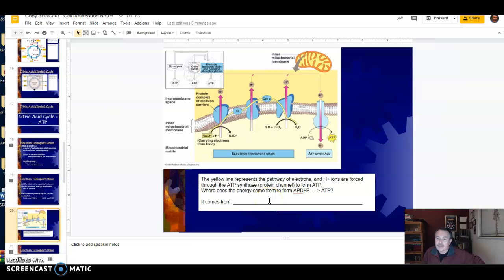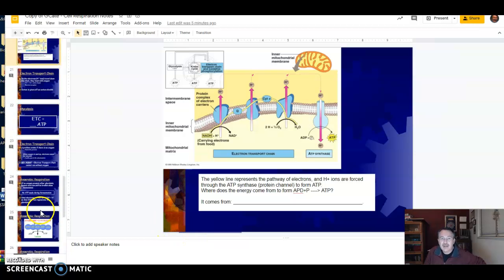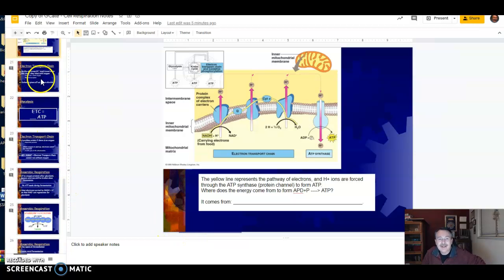Where does the energy come from to form ADP plus P to basically make ATP? It comes from all of these ions in high concentration being driven through the ATP synthase itself. Okay, so that's the answer for this. All righty. That one took a little while.